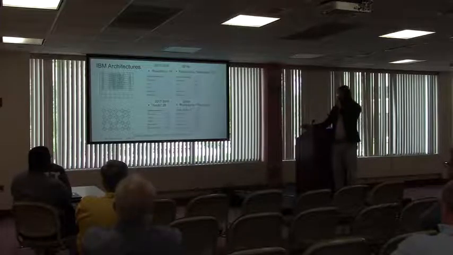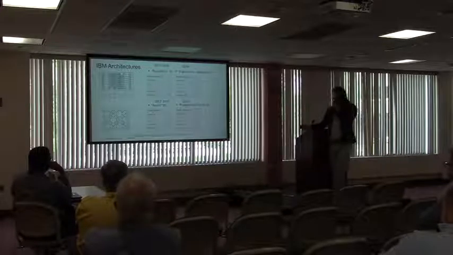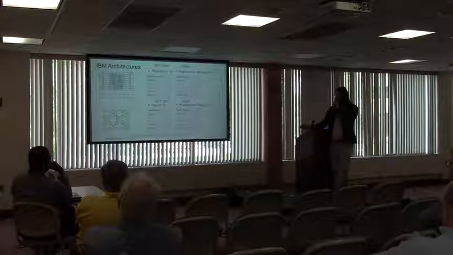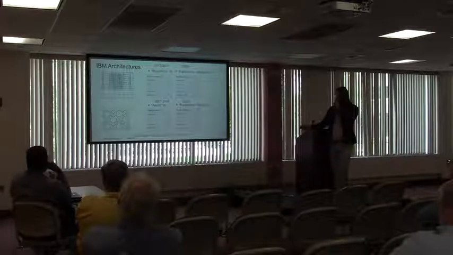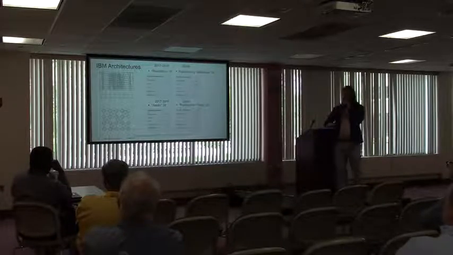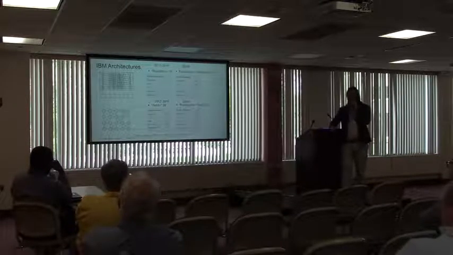Depending on the architecture, you might have a different number of connections between your qubits. Here your qubits are shown in these circles, so it's a 20 qubit system. But you see that some of the qubits are coupled to more qubits than others. This may depend on the way you design your layout and how you place them.